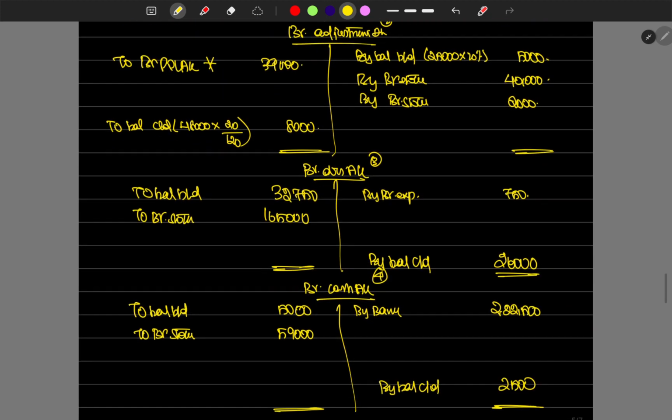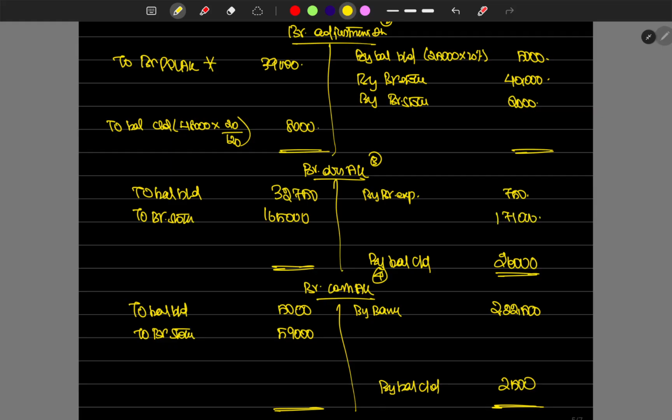Okay, then branch debtors we have to close. 32,750 plus 1,65,000 minus 750 minus 26,000. So there is a balance of 1,70,000 where it has to come actually. See, it has to come here, 1,71,000. But what is this line item?